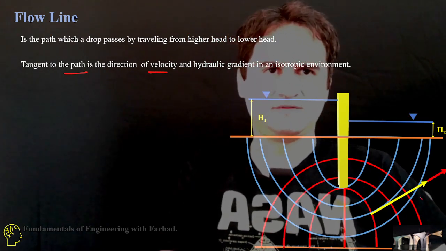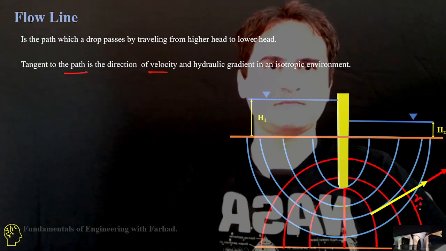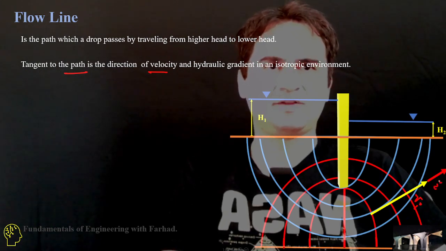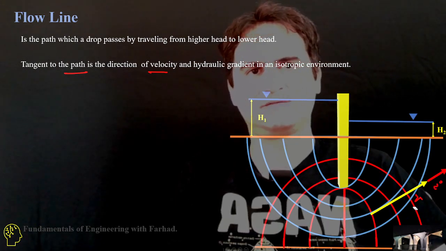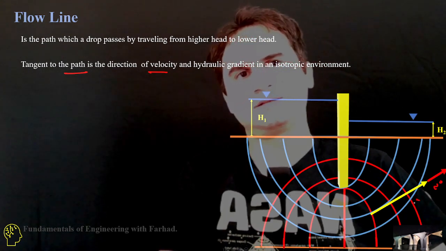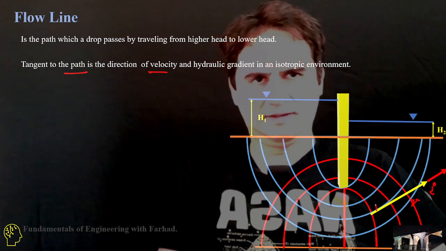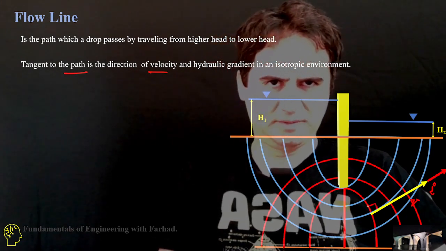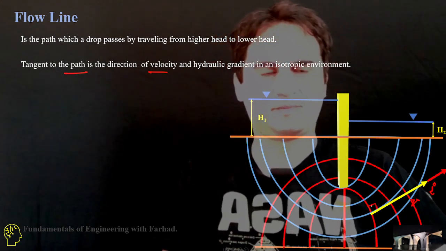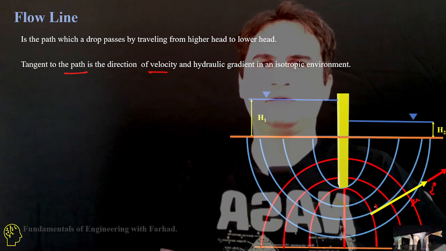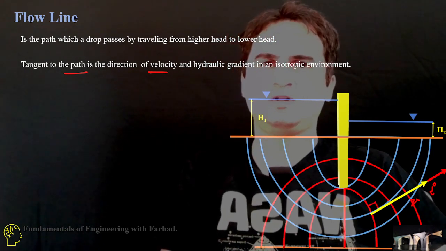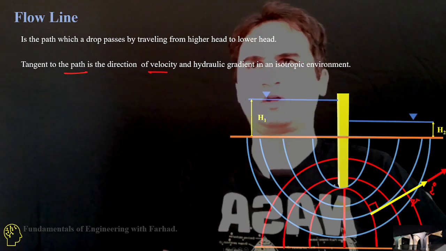So this is Vi, and this is the hydraulic gradient. That's the velocity, and this is the vector of gradient, and they are perpendicular, perpendicular to the isopotential line and tangential to the flow lines.